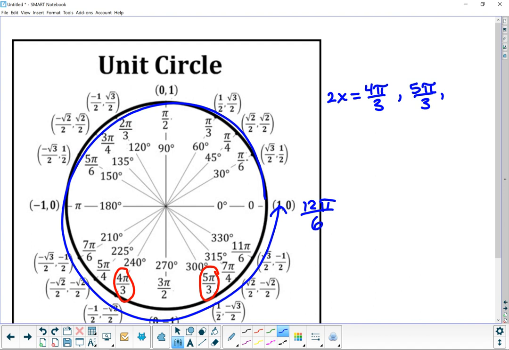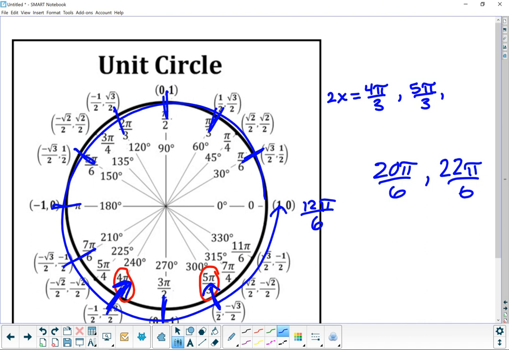Okay, so 12, 13, 14, 15, 16, 17, 18, 19. So I need 20 pi over 6. So 20 right here, 21, and I need 22 pi over 6.